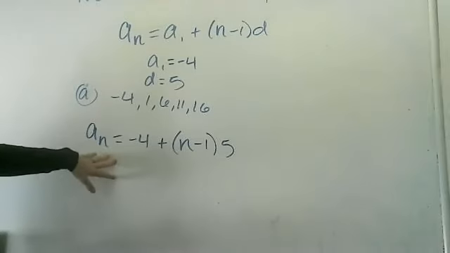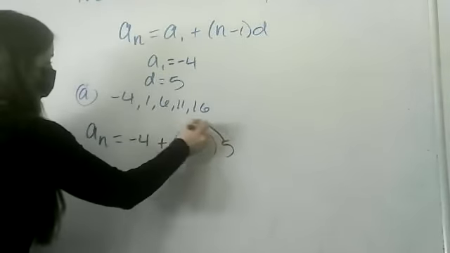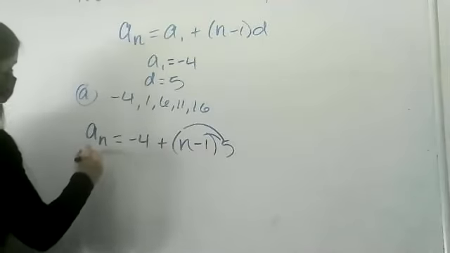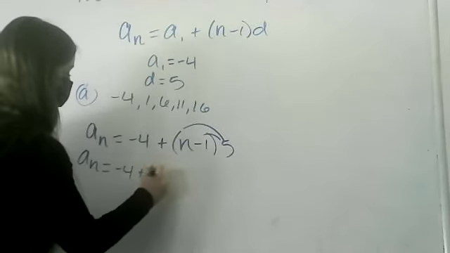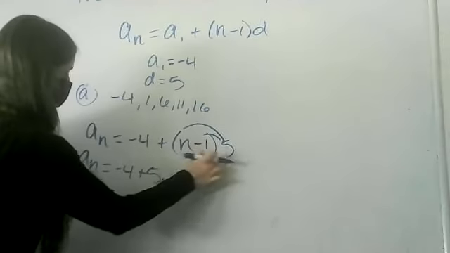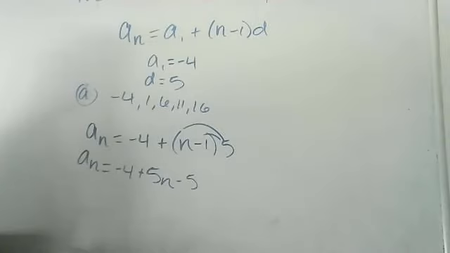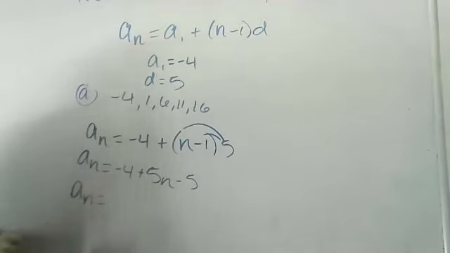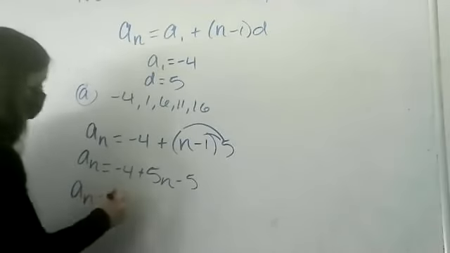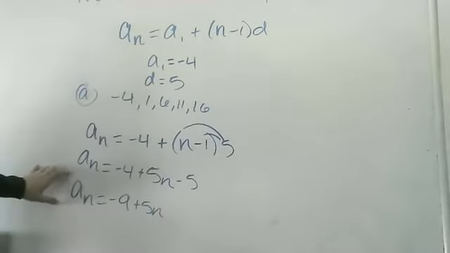Not exactly. What can I do with this 5? Distribute it. Good. We'll distribute that to give me a sub n equals -4 plus n times 5 minus 1 times 5. Is this super simplified? No, because you can combine like terms. Very good. -4 and -5 are like terms. Add those up. You get negative 9. Good.